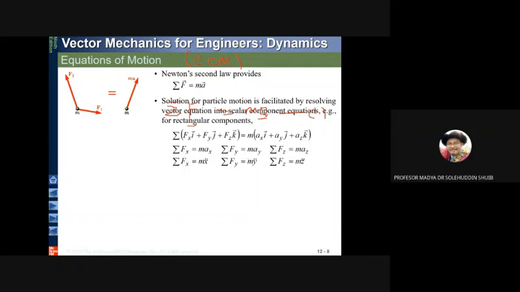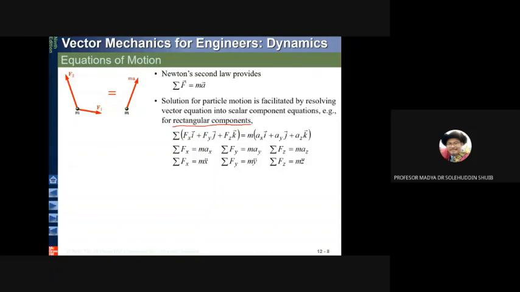We look at the first one, which is the vector equation for rectangular component. So we resolve each force, and also the acceleration, into rectangular component.